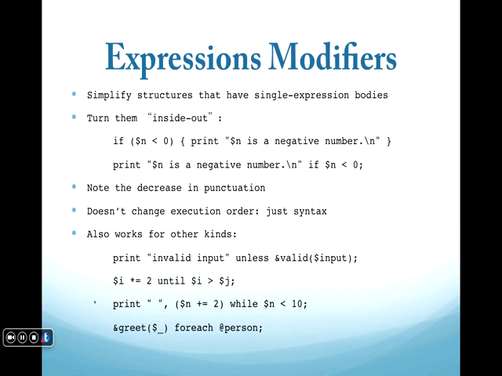If this input is valid, okay, if it's not valid, then print the input, okay, because it's unless. The other one is exactly the same as what we are doing here. We are just making the statement shorter. Okay, and it only works with the $_ because this is the only place that you can save the value actually.